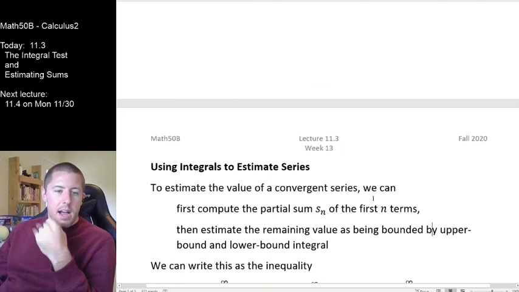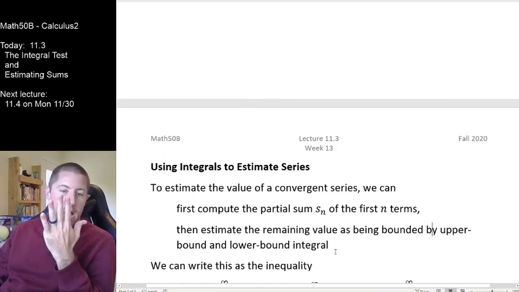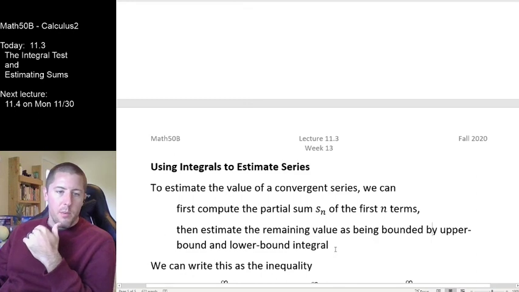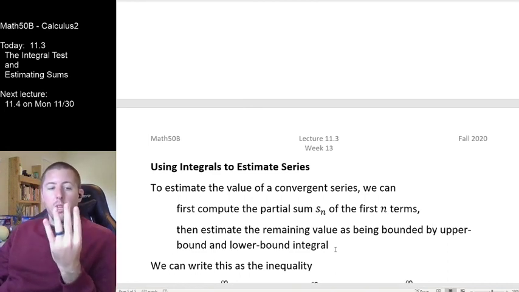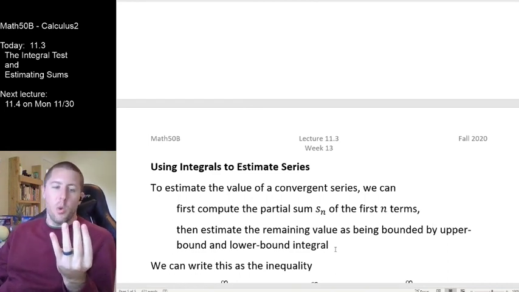But we know that's not it. We know that there's still an infinite tail that follows beyond that. Then we're going to estimate the remaining value as being bounded by an upper bound and a lower bound integral, right? We've got an upper bound integral that's guaranteed above. We've got a lower bound integral that's guaranteed below. So this is saying, let's do a little bit of the exhausting work of truly doing the sum for the first couple terms.